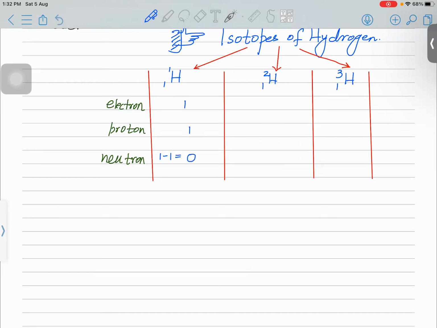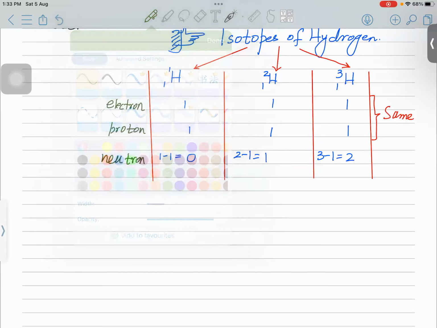And for the second one, how many electrons? One. How many protons? One. How many neutrons? 2 minus 1 is 1. 3 minus 1 is 2. Now you can see that electrons and protons are same.